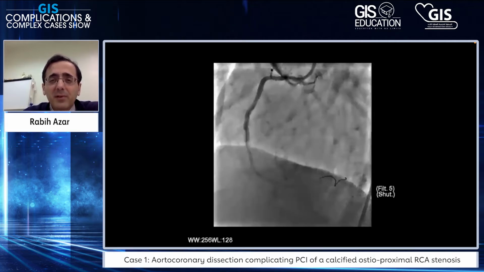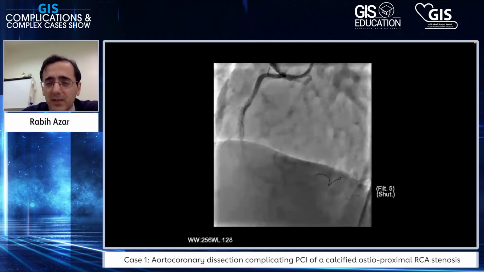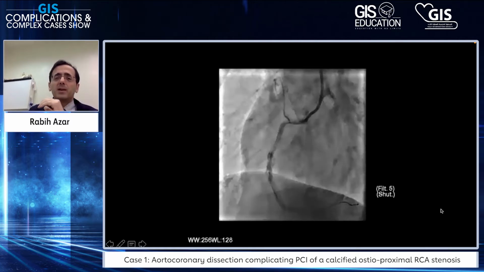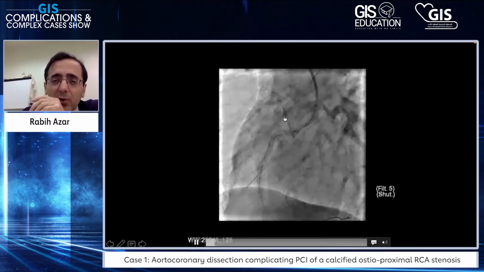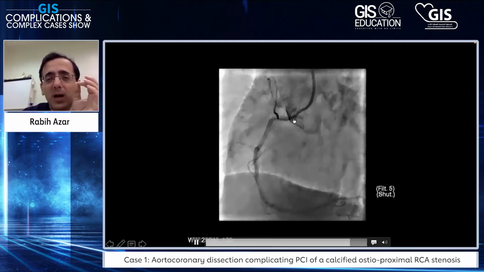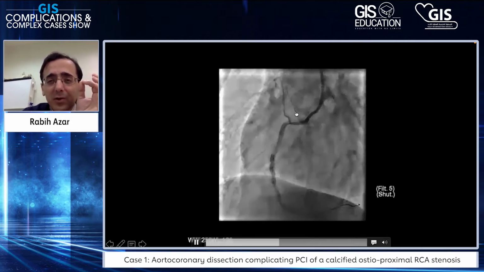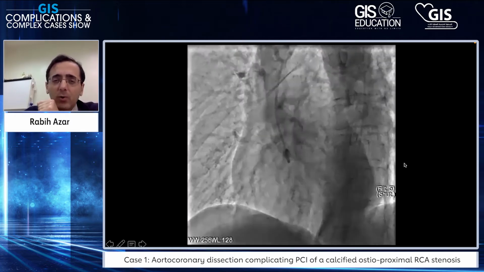So this is after stenting of the ostium of the RCA. And this is the next view. As you see, there is no more staining in the aorta, so the dissection was completely sealed by stenting the ostium. And we finished by doing an aortogram.